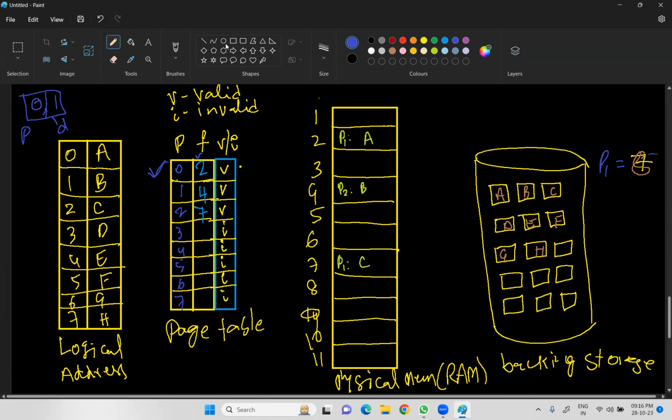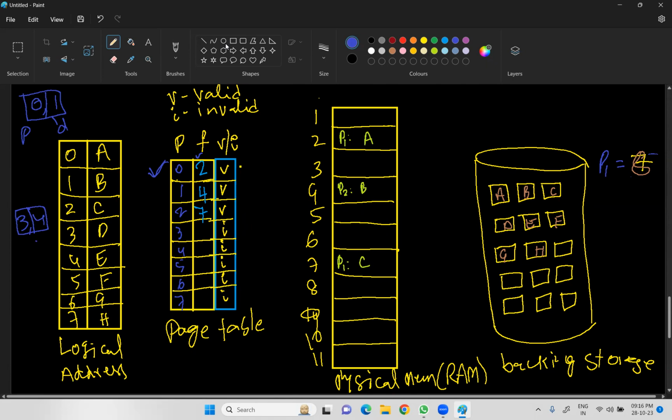Within frame 2, everything is available. Using the paging mechanism, it is going to get the instruction to be executed. For example, the CPU wants to execute something like 3, 4. So 3 is the page number, and the 4th instruction under page 3 is what it is trying to execute.